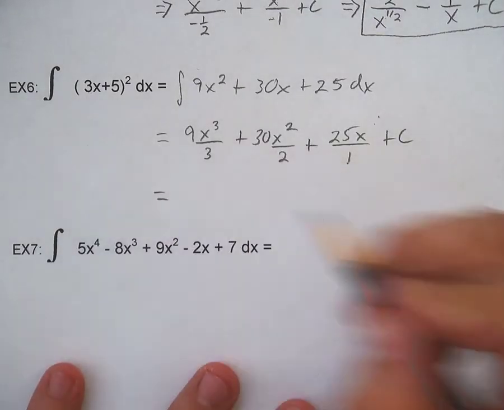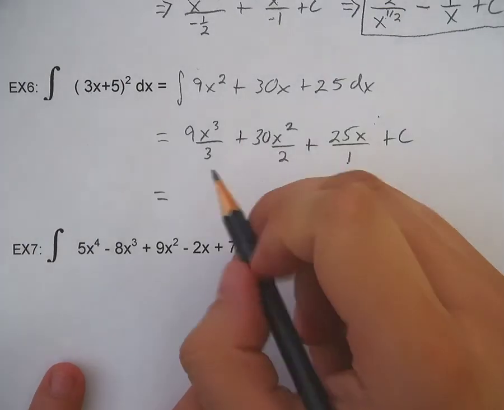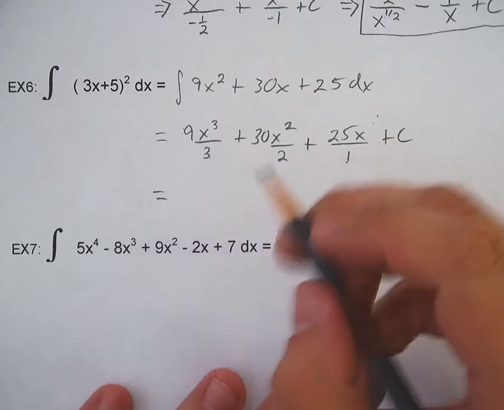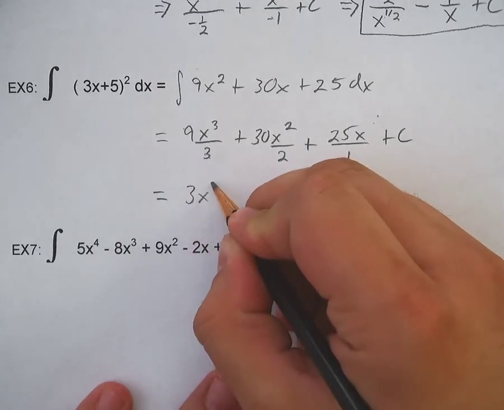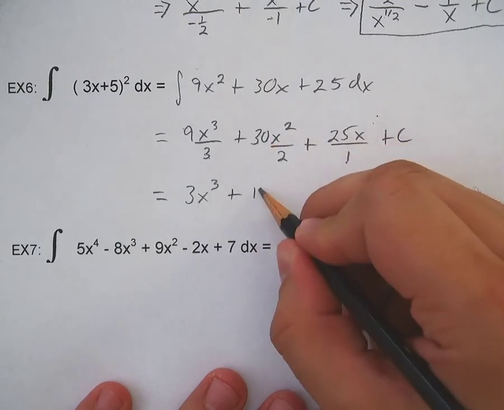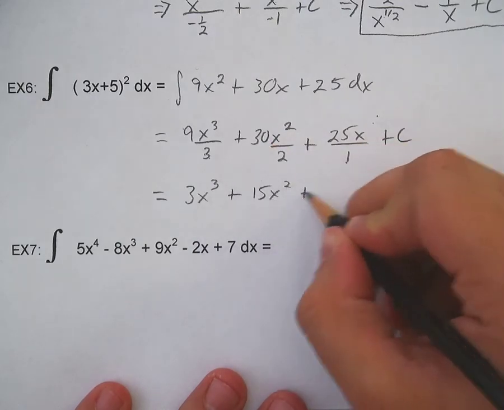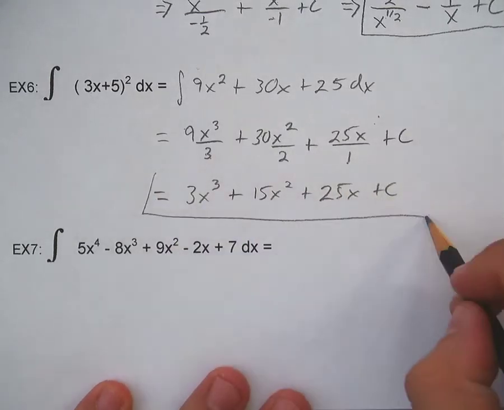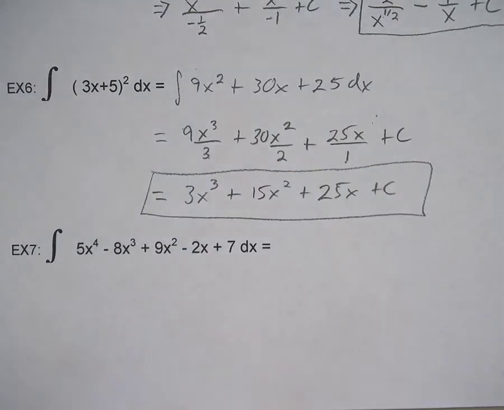And lo and behold, we can actually simplify this one. We can have it be divided by 3 right here. 9 divided by 3, 3x cubed, plus 15x squared, plus 25x, plus c.